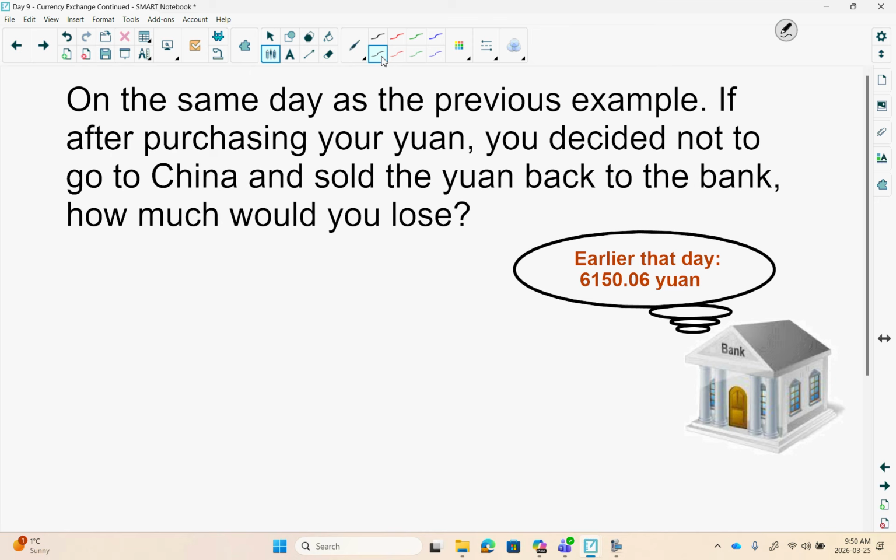In order to figure out the loss, I first have to figure out how much Canadian currency. And you don't have to use X. I can say Y. Maybe I'll use Y because I used X in the previous example. So Y is going to equal the amount of Canadian dollars.